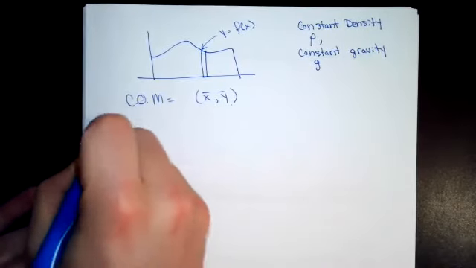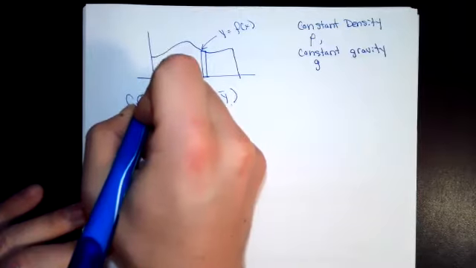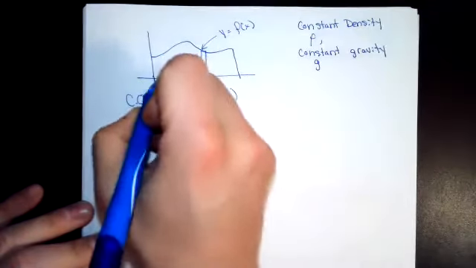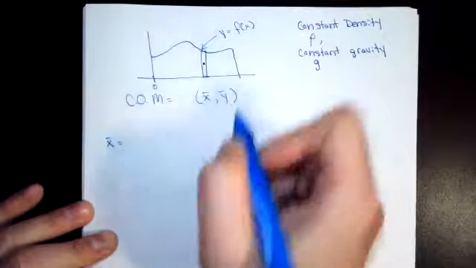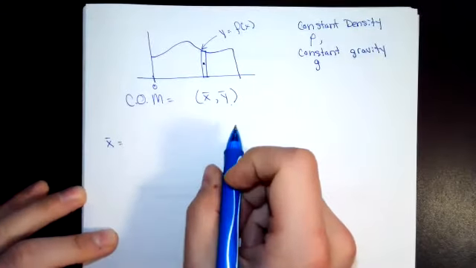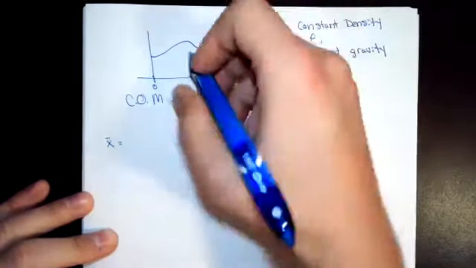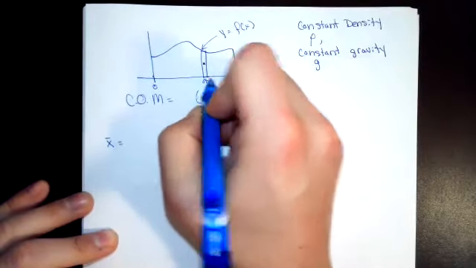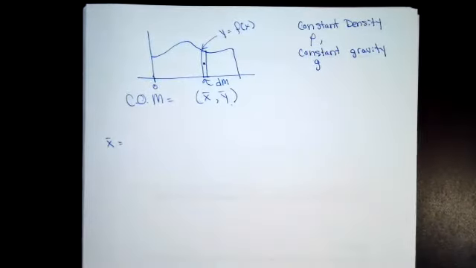So x is going to be similar. Our x bar is going to be, so we pick some sort of origin. And where's the center of mass of every given piece? In some sense, we can consider this whole slice as an infinitesimal piece of mass.